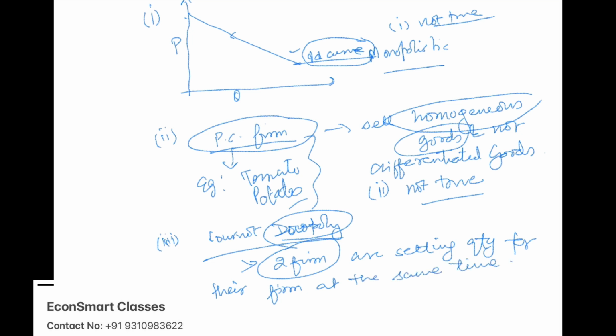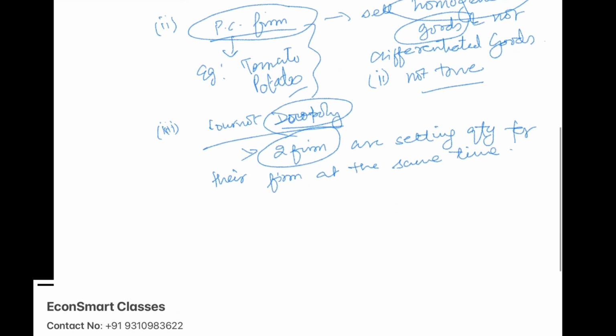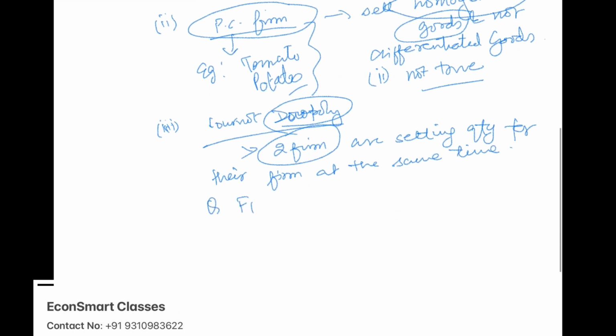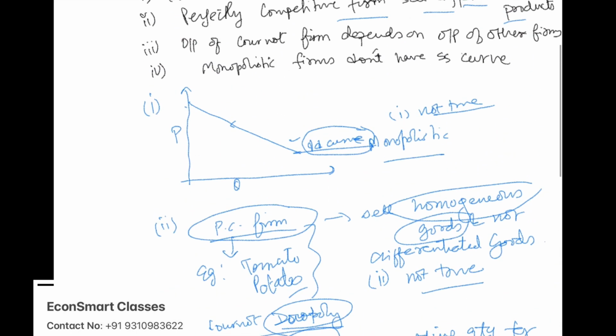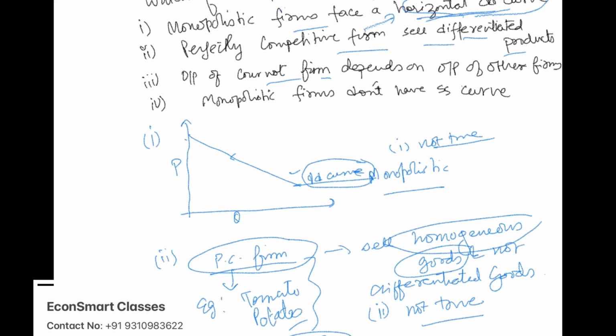Which means that firm 1 is choosing the best quantity for itself, and that's a function of the output of the other firm. Similarly firm 2's output is a function of the output of the first firm, because each of them is independently setting quantities, right? We can therefore say that this statement is true in the sense that the output of a Cournot firm does depend on the output of the other firm. So the third statement is true.